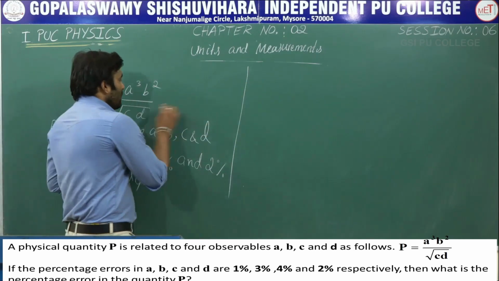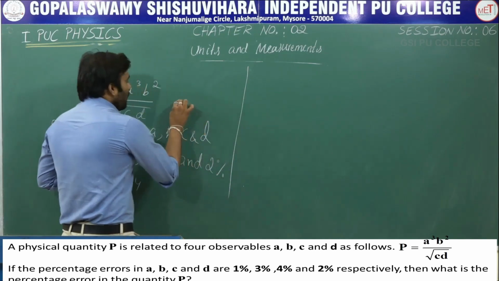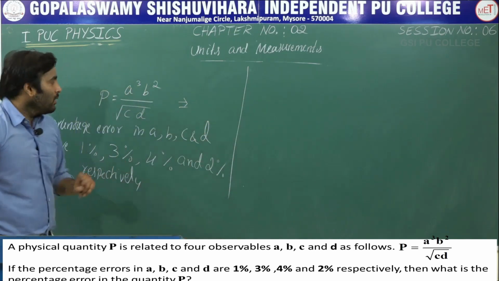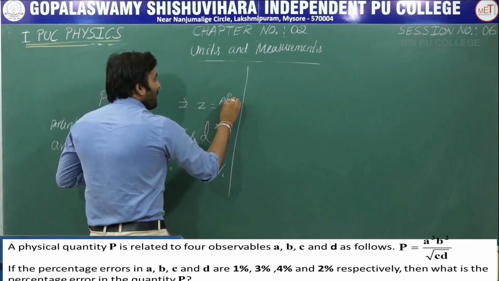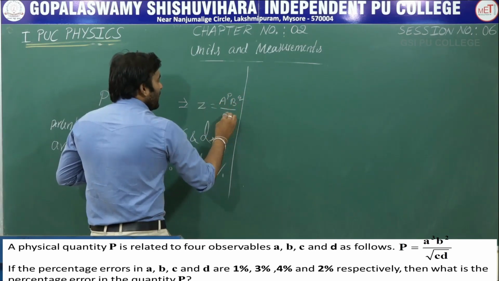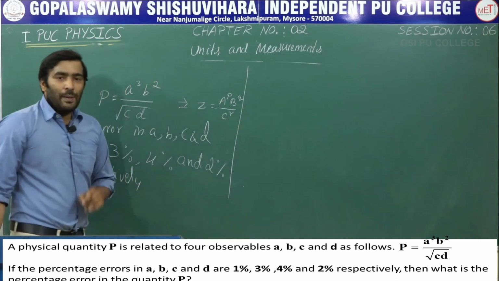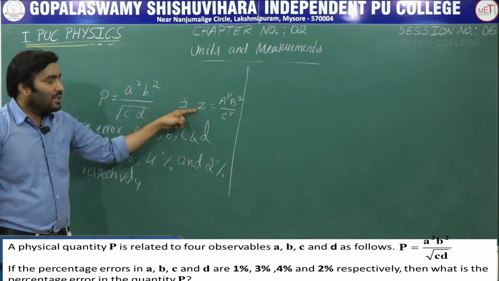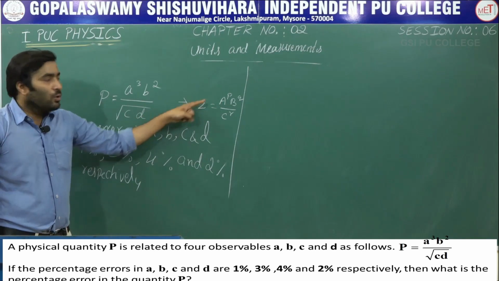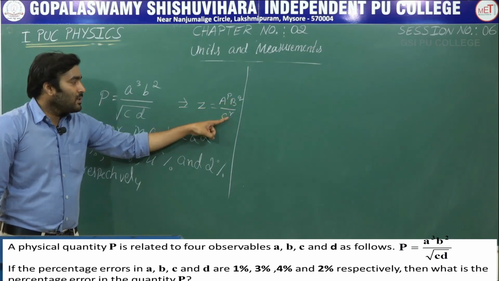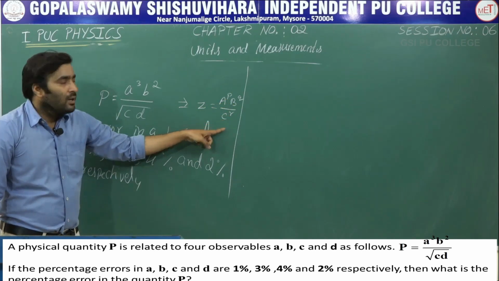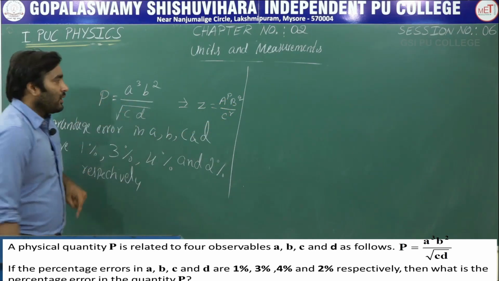First of all, we should understand that this equation is in the form Z is equal to A power P, B power Q divided by C power R. So remember the relative error in Z: delta Z by Z is equal to P into delta A by A plus Q into delta B by B plus R into delta C by C. Let us rearrange this equation further.